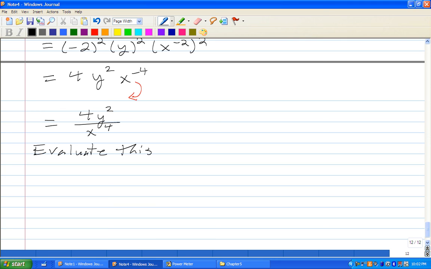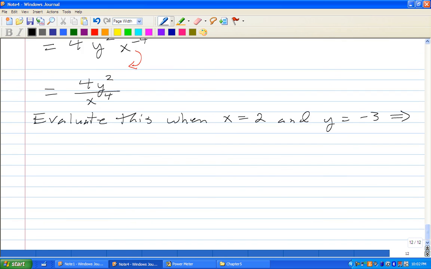When x equal 2 and y equal negative 3. Let's do that. And so I'll plug in for x 2 and for y negative 3.